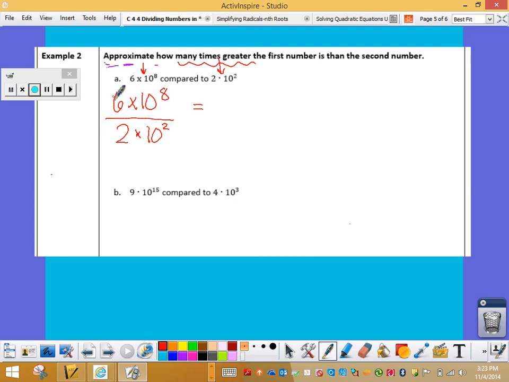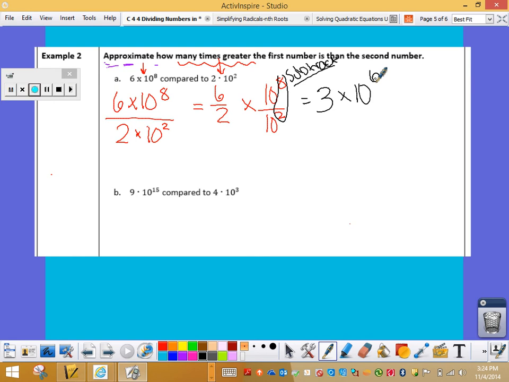Divide your C's first. 6 divided by 2 times 10 to the 8th divided by 10 squared. Okay, from there we know 6 divided by 2 is 3. And we'll subtract these exponents. Let's make a little note of that. Subtract. So we get times 10 to the 6th power.